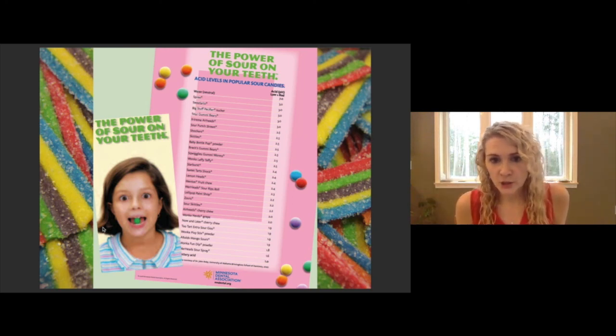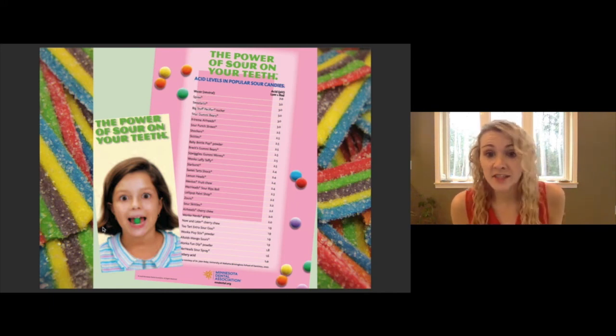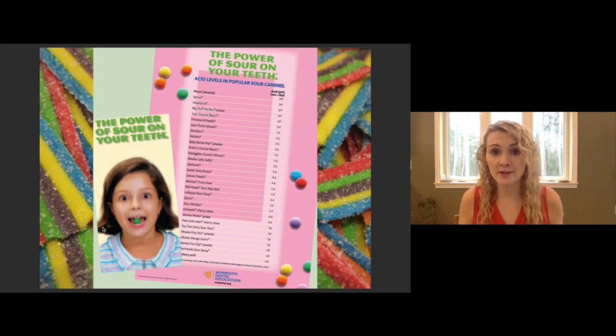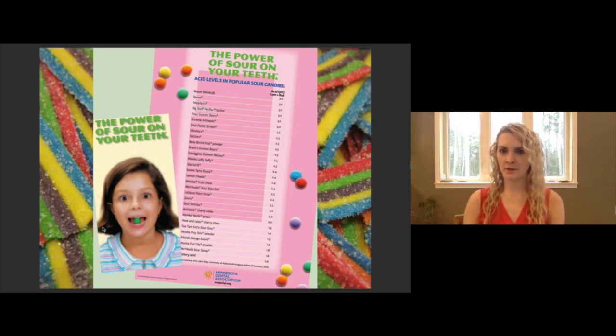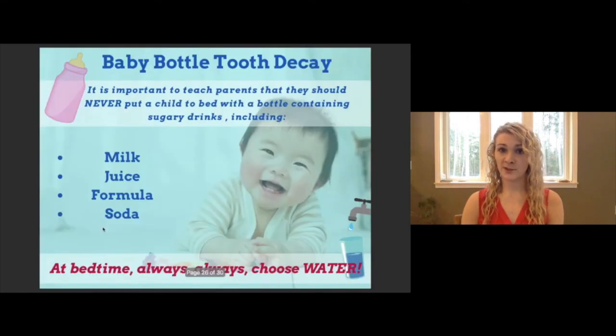Zowers 2.2. Let's see, we have Laffy Taffy 2.5, Skittles 2.5, Sweet Tarts 3.0, Sour Gummy Bears 3.0. Yep, best to stay away from all of that. And if you do, take care of your teeth.